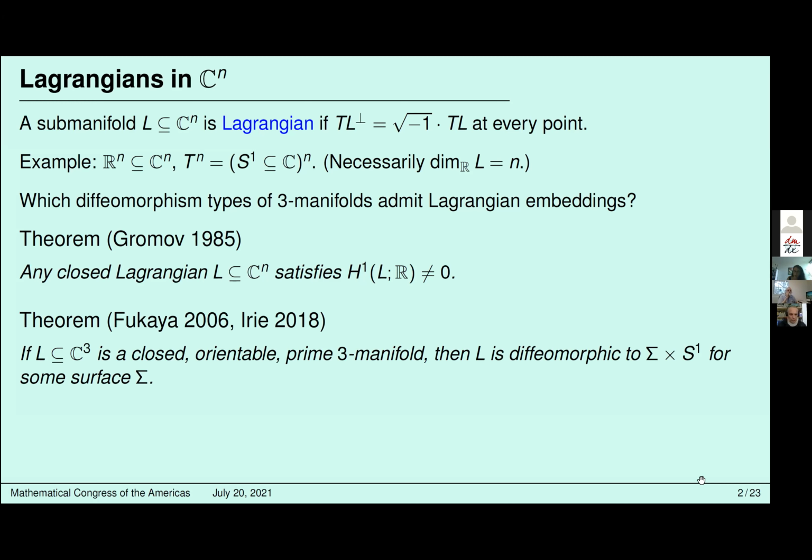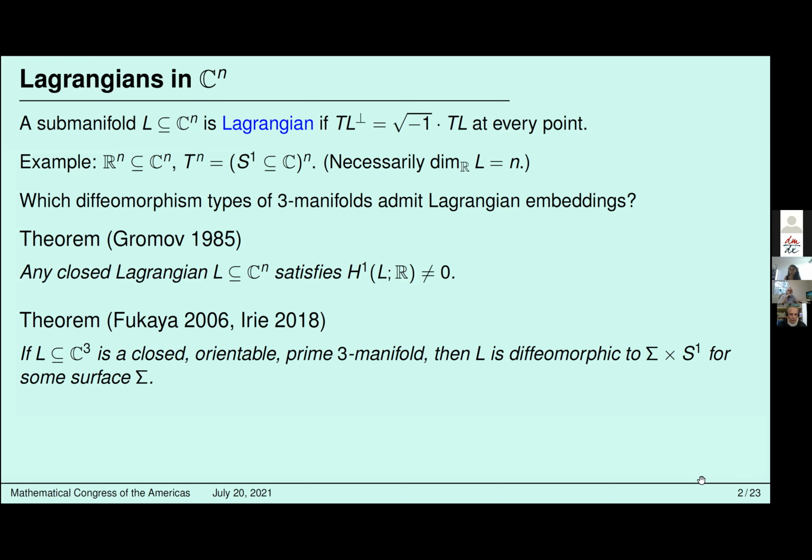The theorem is that if you have any prime three manifold, so a manifold which isn't a connected sum of other manifolds, and it is embedded as a Lagrangian into C3, then it has to be a product of S1 with a surface. That's extremely restricted, right? Prime three manifolds, or even hyperbolic space forms, are quite a large class, and this is a very small subset among them.